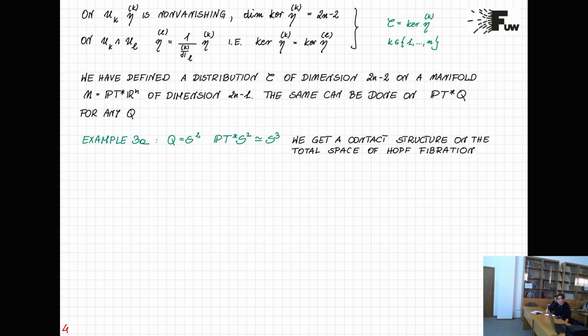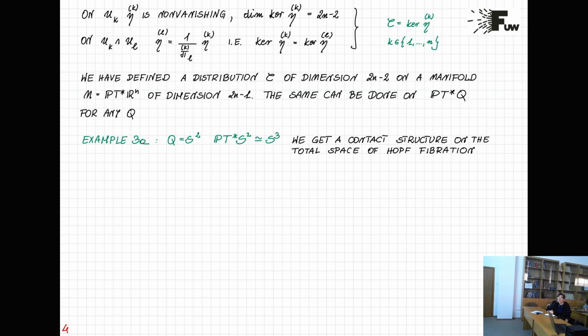It might be interesting for you, maybe during tutorial, maybe just in your free time, to see that if we start not with R^n, but with something simple but not completely flat, as if we start with Q equal to S^2, then we can recognize that the projectivized cotangent bundle is, as a manifold, diffeomorphic to S^3.